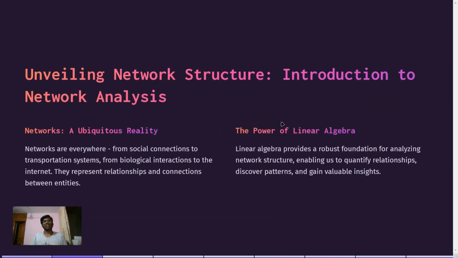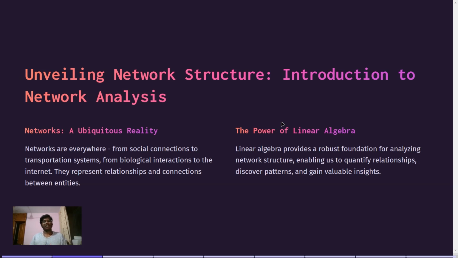Unveiling network structure: introduction to network analysis. So what are networks? A ubiquitous reality. Networks are everywhere, from social connections to transportation systems, from biological interactions to the internet. They represent relationships and connections between entities.